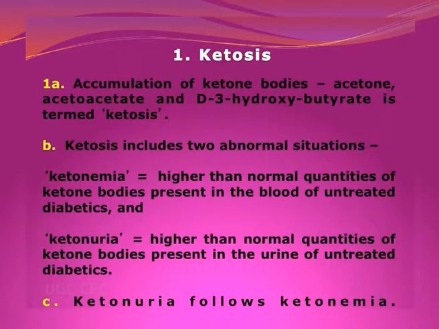The most important overproduction scenario is referred to as ketosis. Ketosis includes two medical conditions. The first one is called ketonemia, that is the overproduction of ketone bodies in our blood. The second situation is known as ketonuria, that is the overproduction and accumulation of ketone bodies in our urine. And ketonuria follows ketonemia.